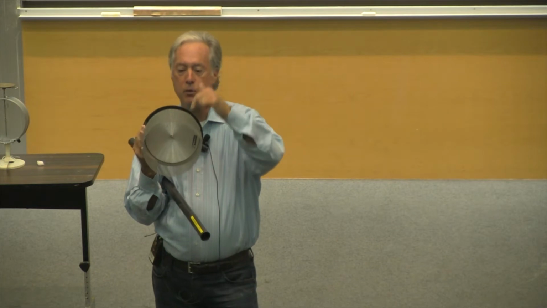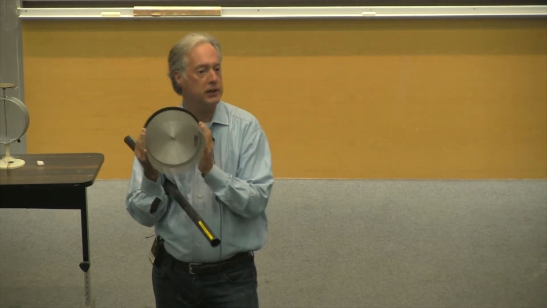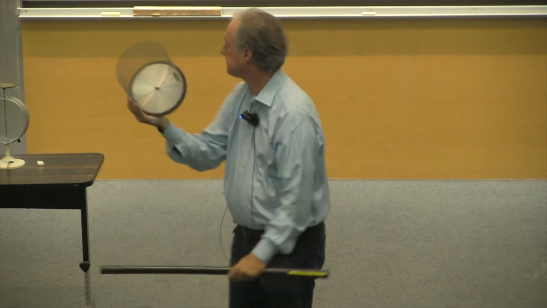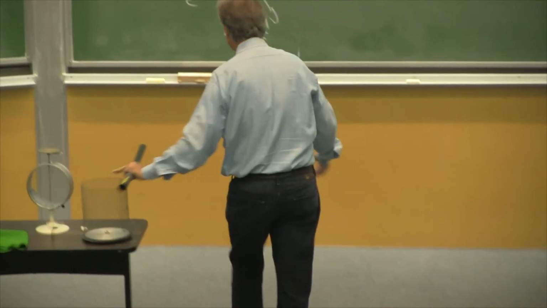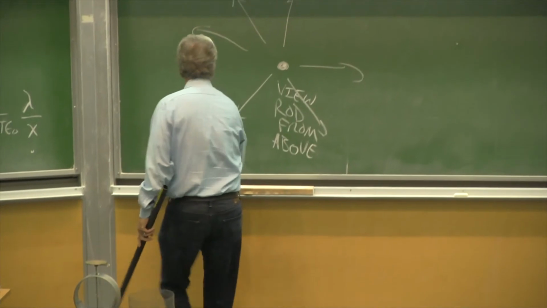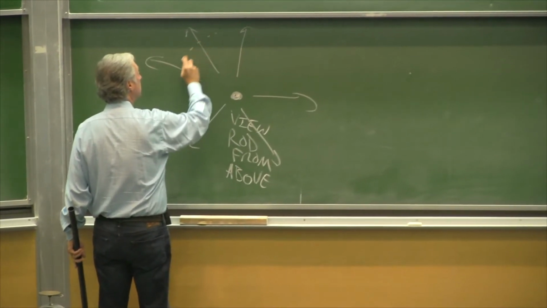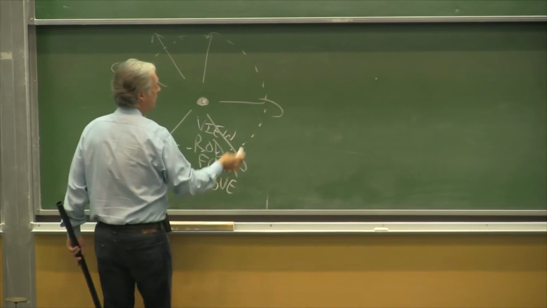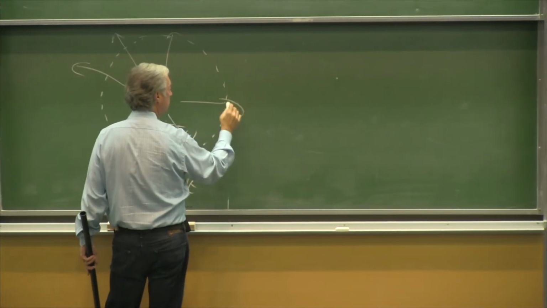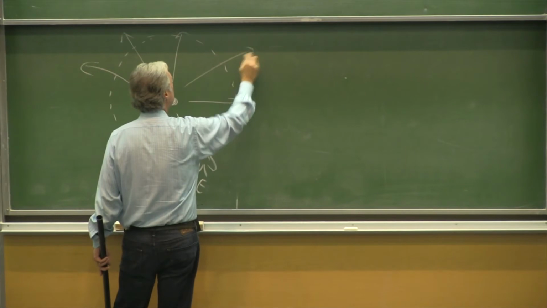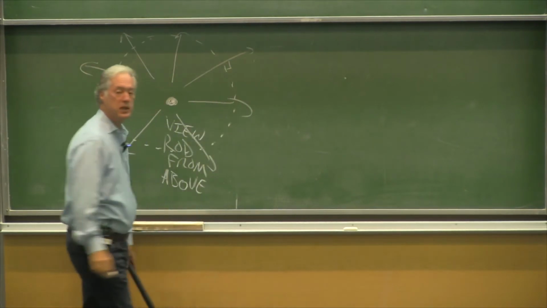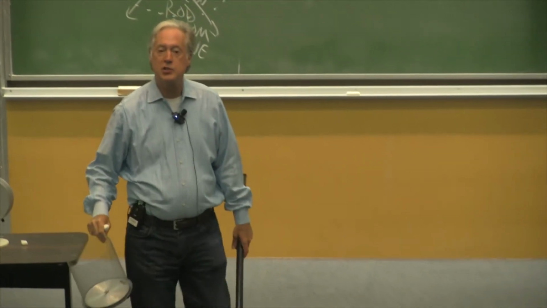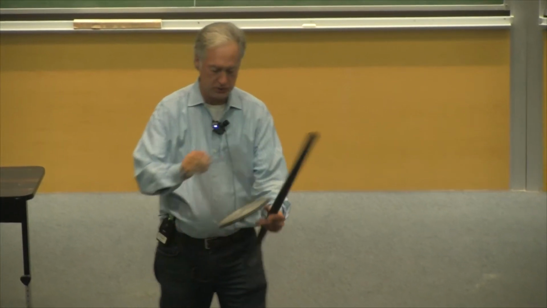They're coming out everywhere perpendicular to this cage, aren't they? So if I drew a cage right there, then the electric field coming through is everywhere perpendicular to that cage, because of the symmetry that I chose.